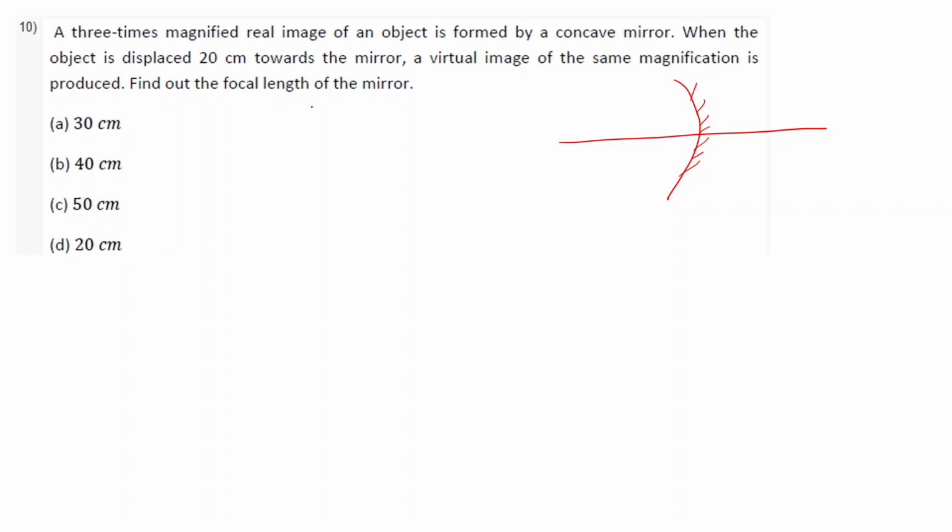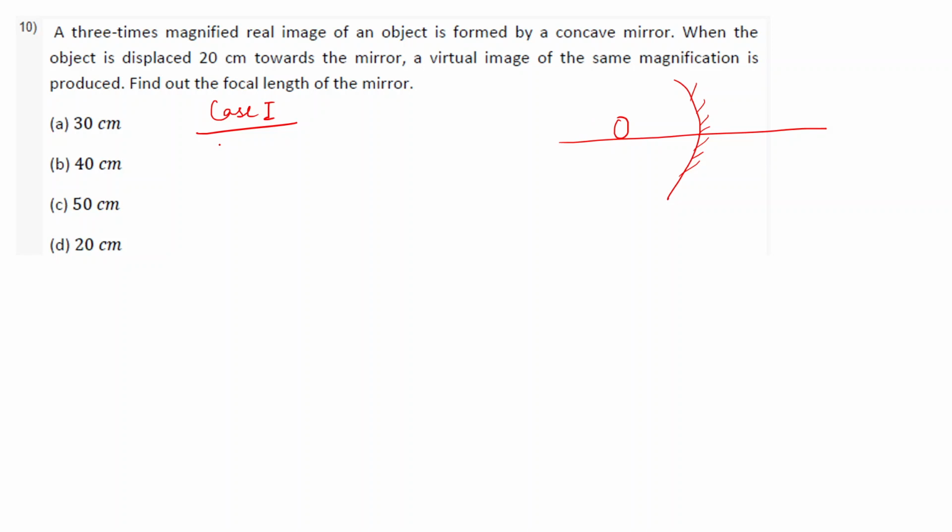Okay, so this question also has 2 cases. We have case 1, where a 3 times magnified real image of an object is formed. For the first case, the object is real, meaning the object is on this side and the image is also on this side.